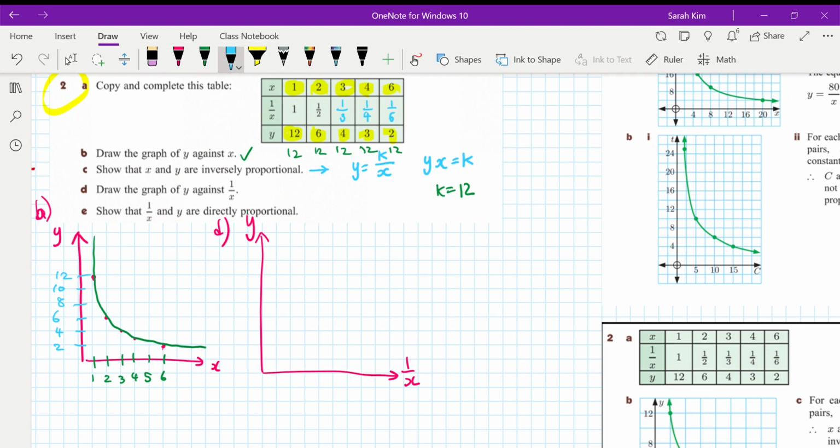Alright, so my 1 over x value is now 1 half, 1 over 3, 1 over 4, 1 over 6. Now those numbers are smaller than 1, so just be mindful. So I'm going to put 1 here. Let me actually kind of just figure out where they all belong.